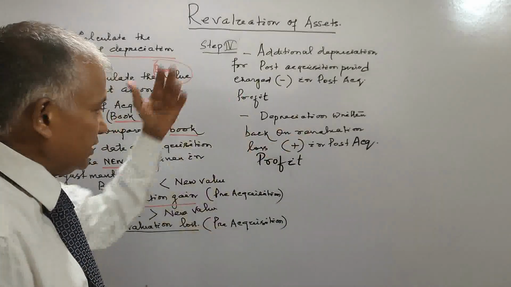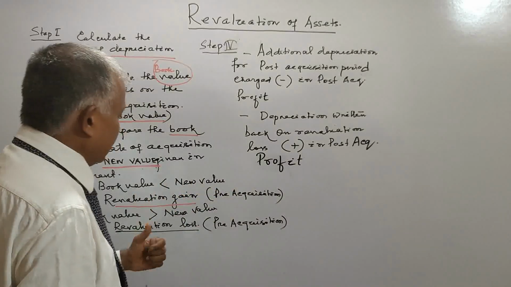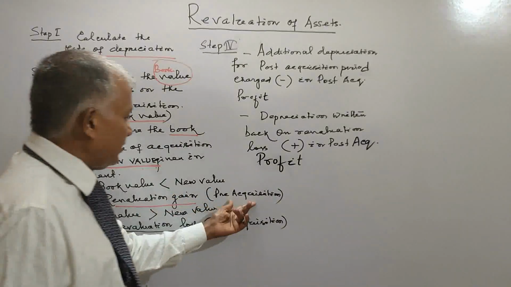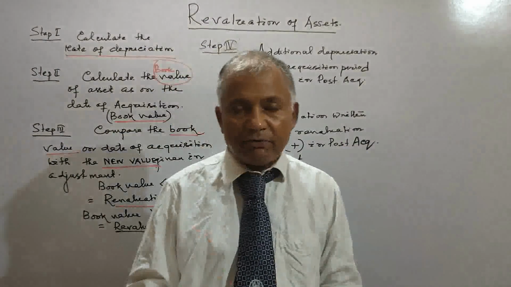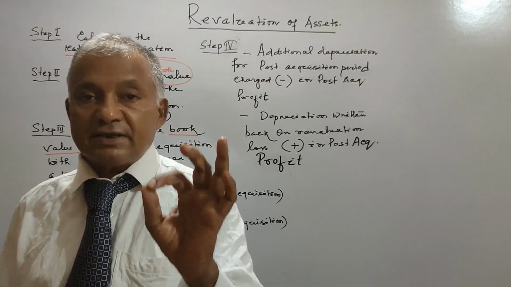That means 20,000 is the increase in value, and this is your revaluation gain. And this revaluation gain will go to your pre-acquisition profit in case of analysis of profit.